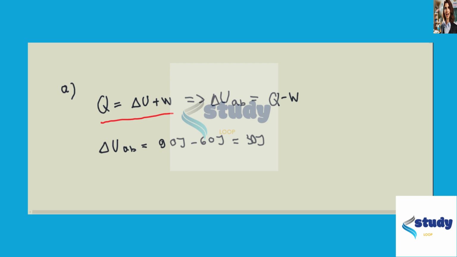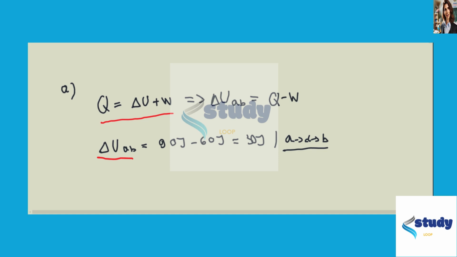So now for the path from A to D to B, to find the corresponding heat for this path, we can just directly substitute this evaluated internal energy change and add it to the work corresponding to this path.